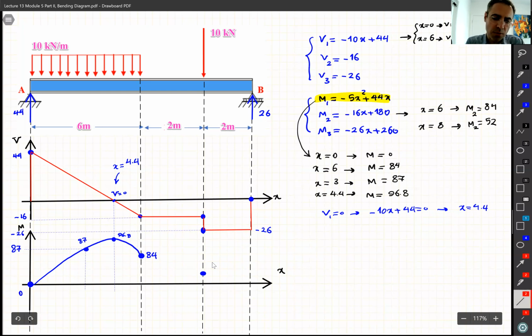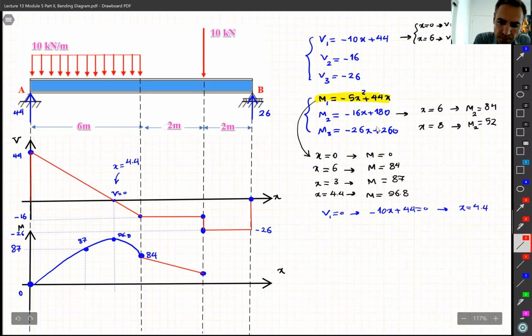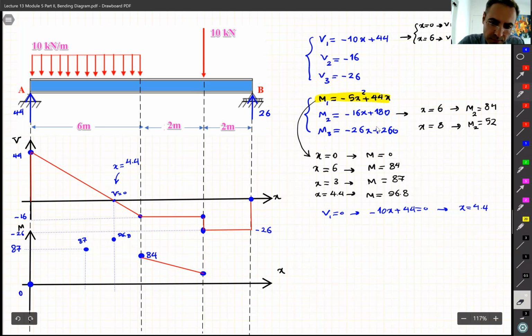And it's just the equation for a line, right? We are drawing M2, it's just the equation for a line. Let me try that one with red.